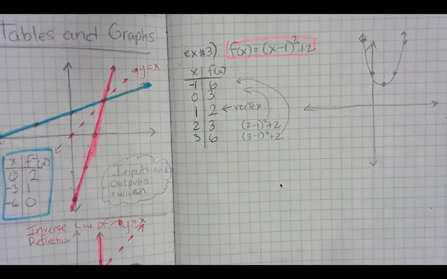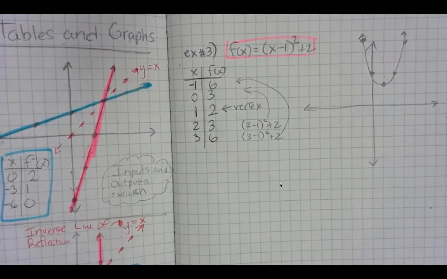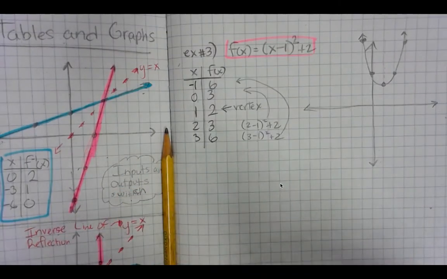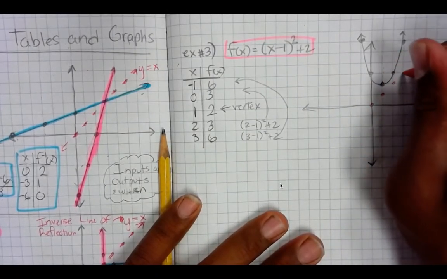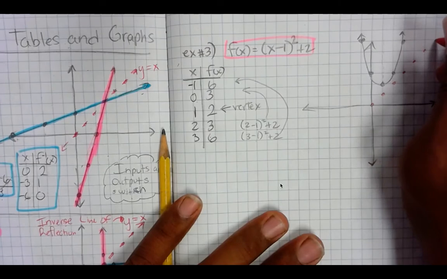Okay. Now this time, instead of making the table or recreating the function again like we did last time, we're going to just use the idea of that line that we were just talking about, the line of reflection. Okay, so make your line of reflection going right down the middle of the graph at a diagonal, 1 over 1.